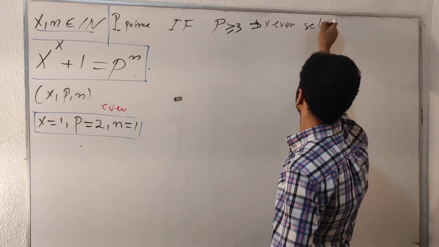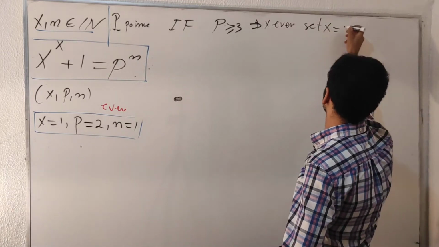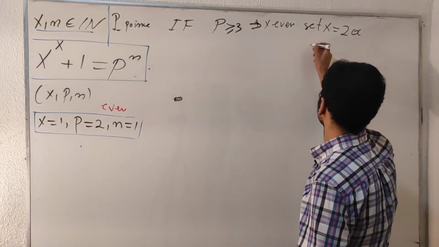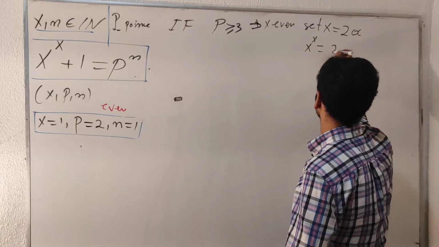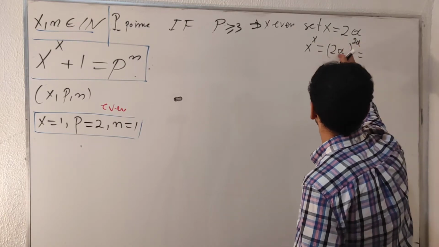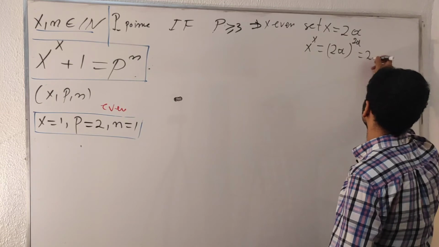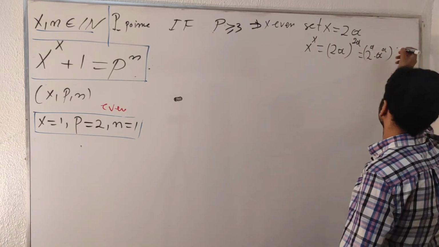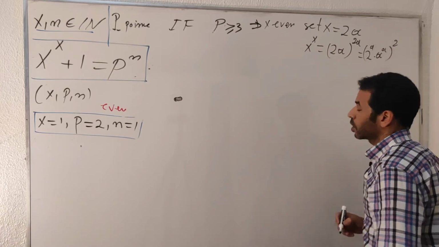Let's set x equals 2a. We have x to the x, which means 2a to the 2a, giving us 2 to the a. So I'm going to put this a inside. I get 2 to the a multiplied by a to the a, all raised to the power 2, like this.